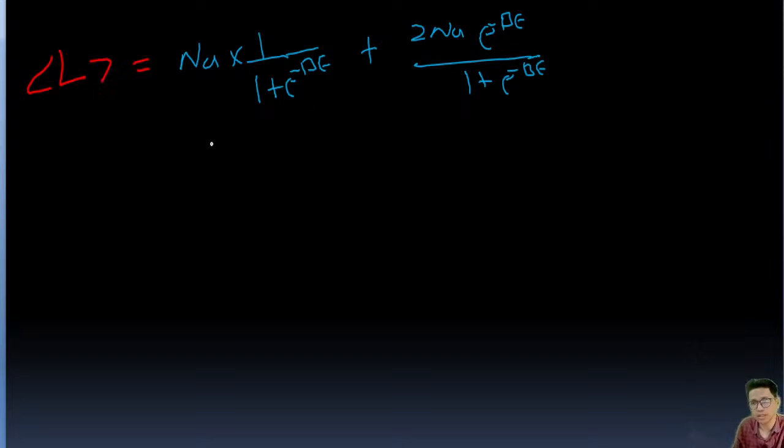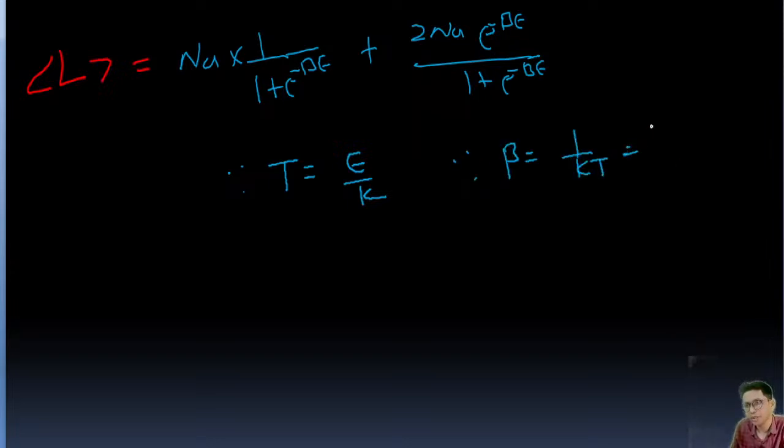K is the Boltzmann constant, right? So since T is epsilon upon K, and since we know beta equal to 1 upon KT, the K in T's value epsilon upon K will get cancelled.